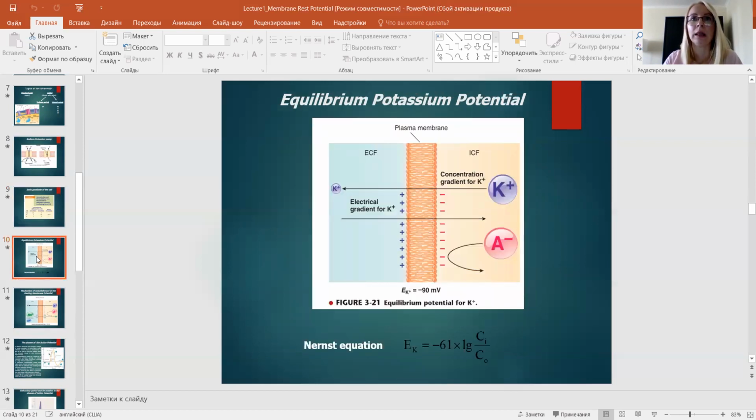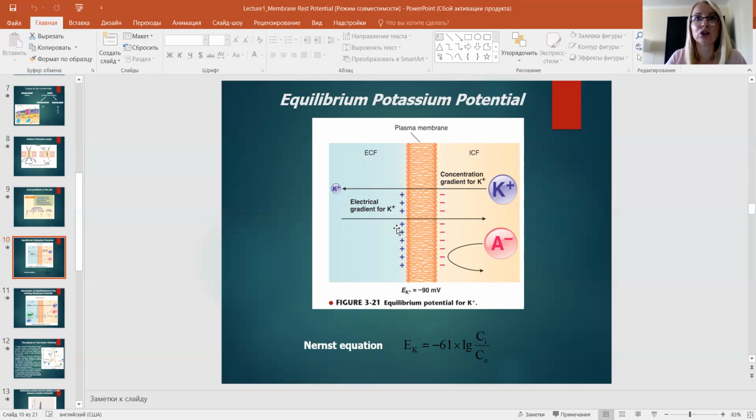However, the force of electrostatic interaction with the negatively charged ions inside the cell counteracts the potassium outflow. This force is called the electrochemical gradient. When the electrochemical gradient and concentration gradient become equal, a big amount of positively charged potassium ions are located in the extracellular fluid, on the outer side of the membrane.